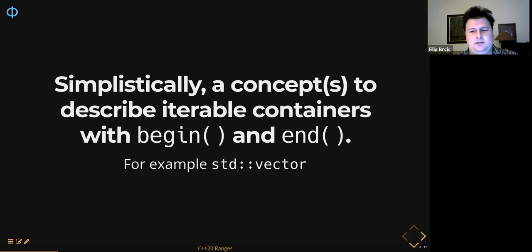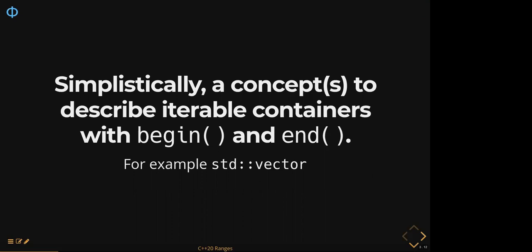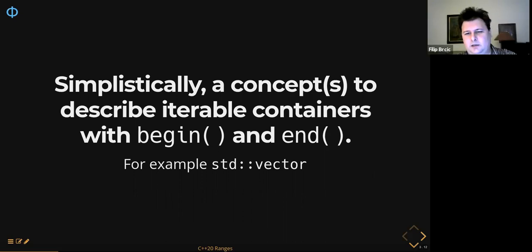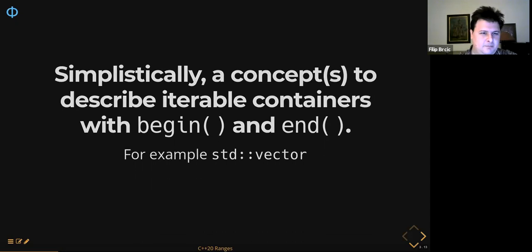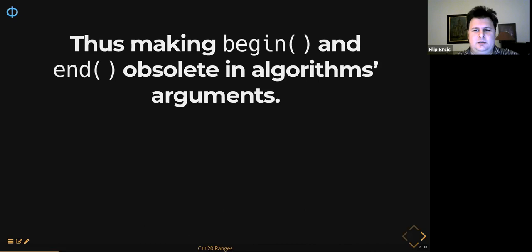For example, std::vector, which has been around since the beginning of the STL, is technically capable of satisfying those conditions, so it is a kind of a range. That allows us to constrain our functions and not have to use begin and end, but simply put whatever we want to work with as an argument.